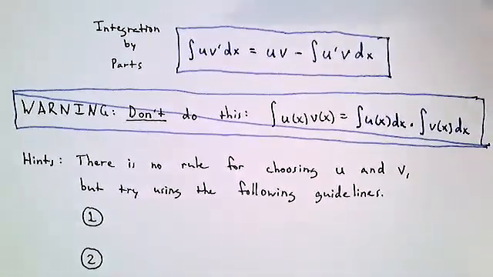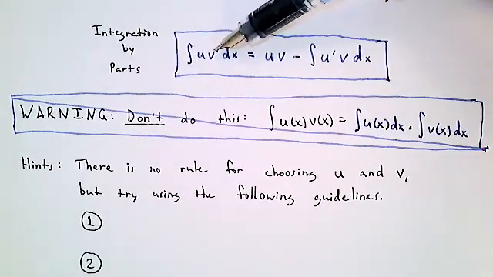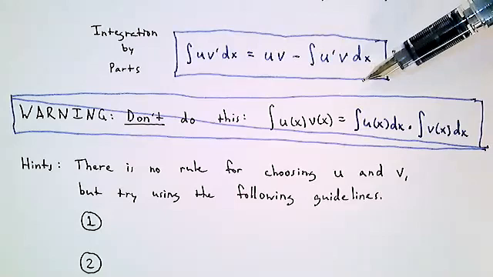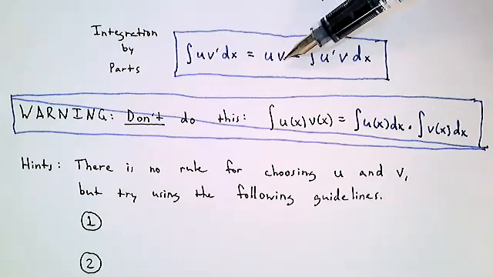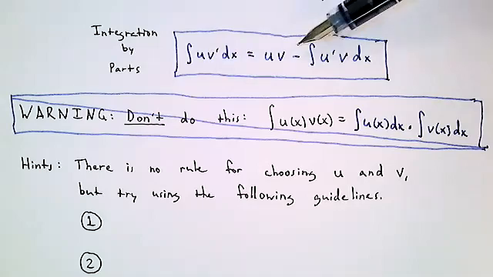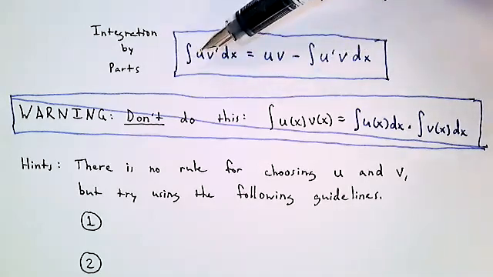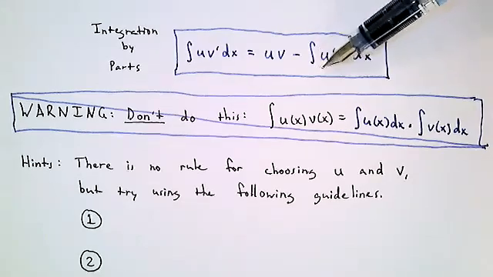So the thing to notice here is on the left-hand side, we start with a function times the derivative of a function. And on the right-hand side, we end up with a v. So we started with a v prime and we end up with v. That means we had to find an antiderivative for v in order to get this. And we started with u, and you'll notice a u prime over here on the right side.